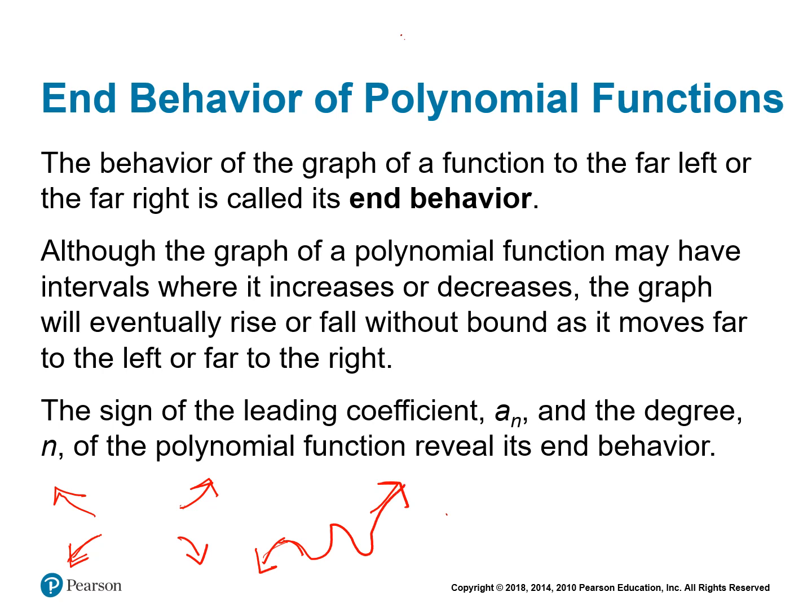In between the two extreme ends, there could be several ups and downs going on. But the ends would either be a drop or a rise, or both ends could rise, or both ends could drop indefinitely all the way to infinity or negative infinity, without bound. However, in between, the graph can have smooth ups and downs.